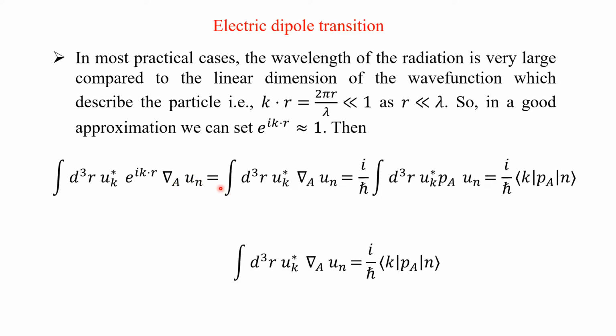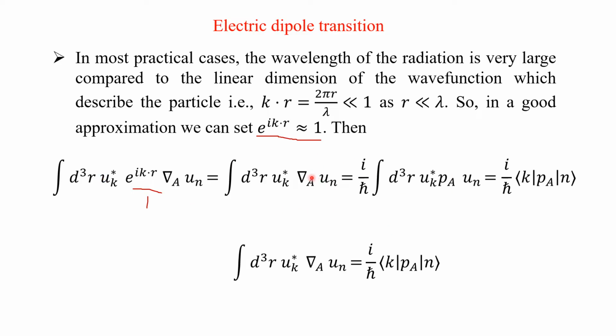Since we have assumed e power i k dot r is equal to 1, we can ignore this term. So this becomes the integral d3r u_k star del_A u_n.